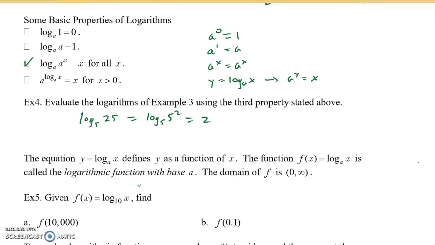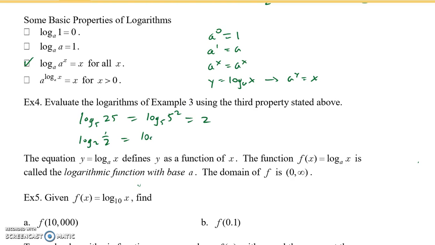So if the base of the expression inside the logarithm is the same as the base of the logarithm, then essentially there's a cancellation that occurs. So we might call this a cancellation law for logarithms. The second example we looked at in example 3 was log base 2 of 1/2.